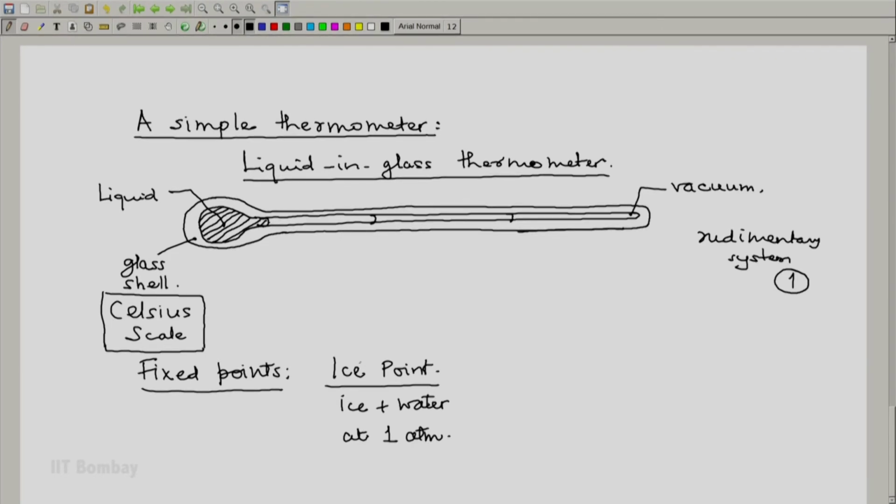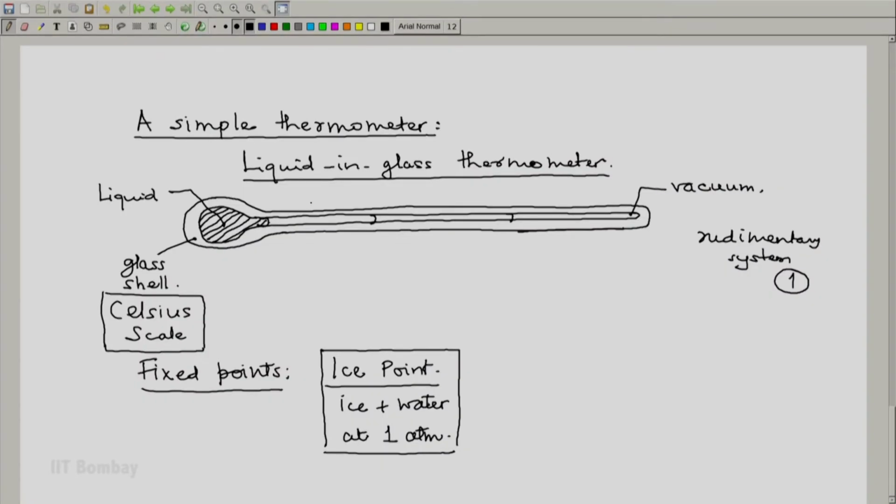And what we do is we bring our thermometer in contact with such a system, wait till thermal equilibrium is reached, and then we mark on this the location of the liquid length at the ice point. Then we create another system in which we have what is known as the steam point.